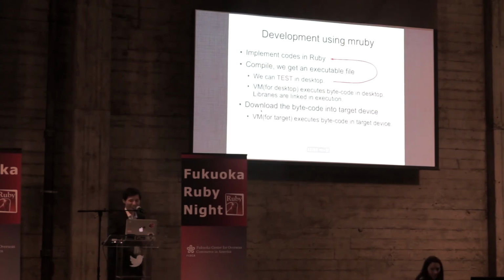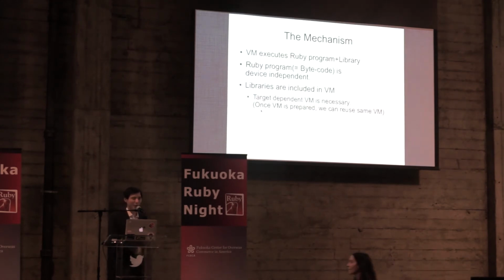The mechanism of mruby is this. The virtual machine executes the Ruby code, and libraries are dynamically bound to the Ruby bytecode. The bytecode is independent from platforms and execution devices. So once we write the Ruby code, we can deploy to several devices.